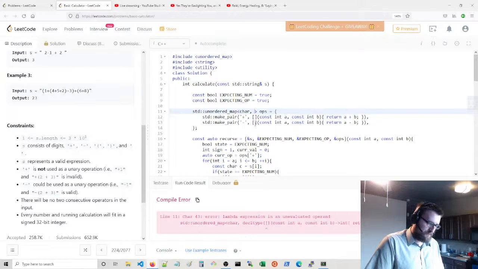You can do a pointer to a function that returns an int, and it takes a constant A, constant B. And these are the function parameters.